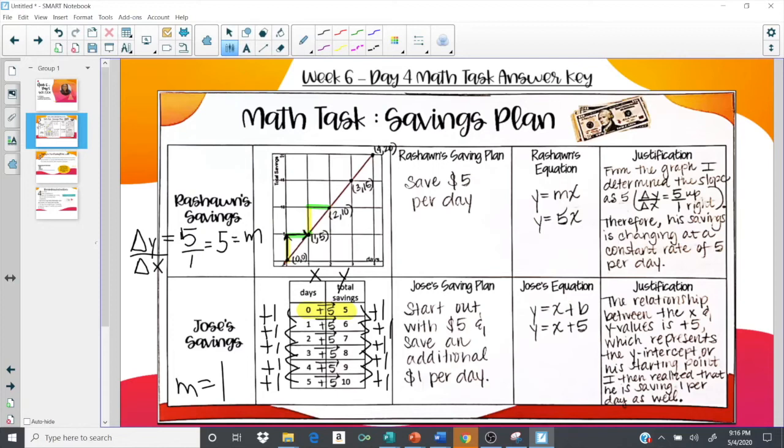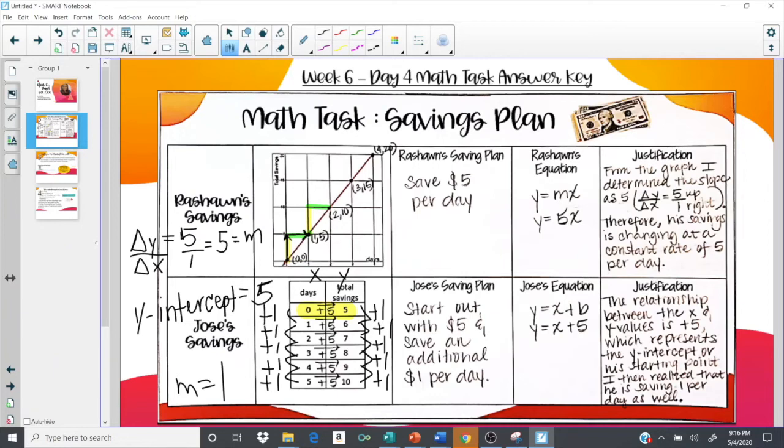The equation we're going to use is y is equal to x plus b, where b represents the y-intercept, or our starting point. So again, you just substitute b with the y-intercept. And our y-intercept is equal to 5.